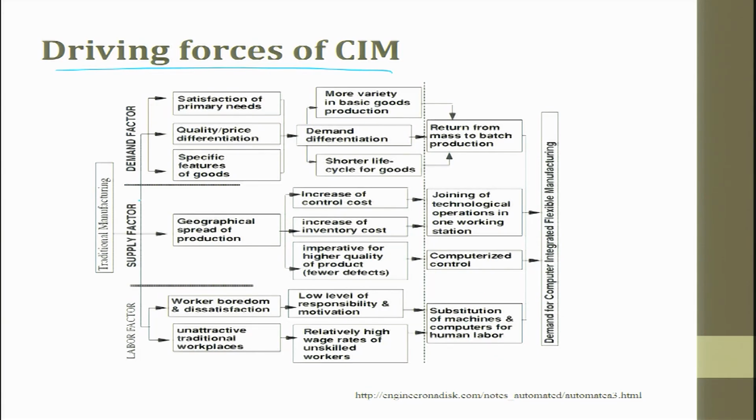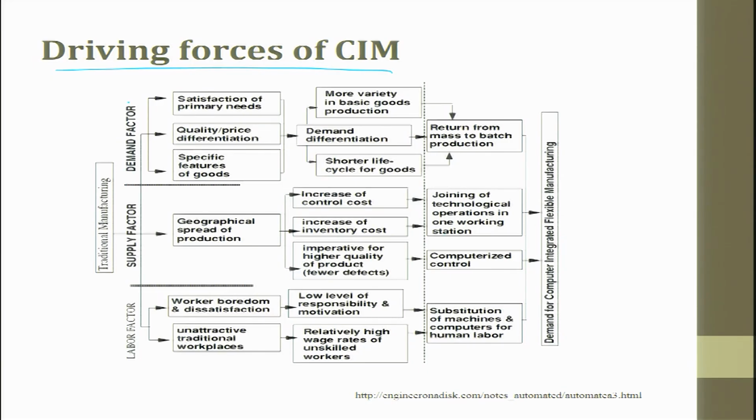When you look at supply factors, there is geographical spread of production. So, supply coming from various places increases the cost and increases the inventory, and there is an imperative for higher quality of products with fewer defects. These are the driving forces for supply factor. Then joining of technology operation in one working station or computerized control will lead to a demand for computer integrated flexible manufacturing.